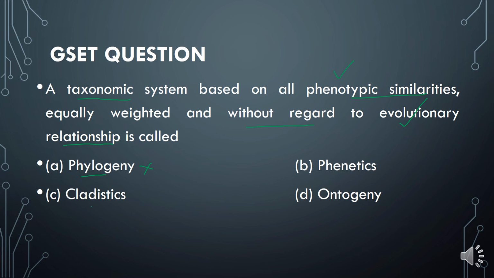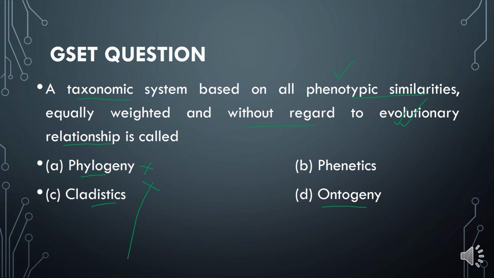Next we see cladistics. In cladistics, what we do is find out the derived characters, and by this we find out the evolutionary relationship. So cladistics will also not be the option. Then ontogeny.